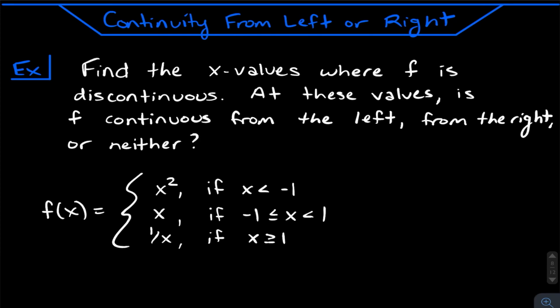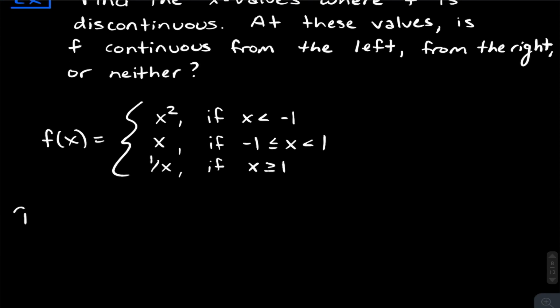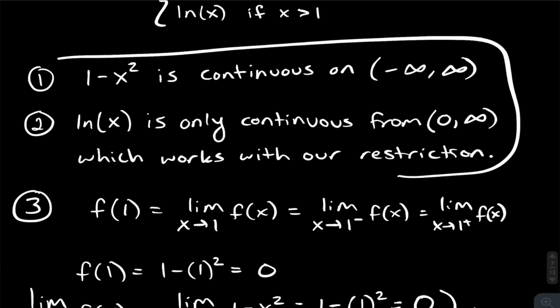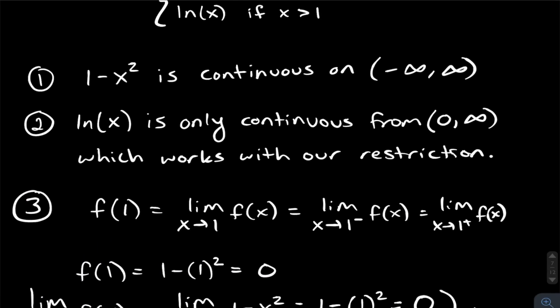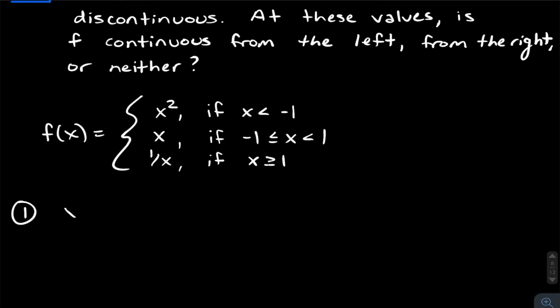So first off, let's identify where we have x values that give a discontinuous function, right? Well, let's think. The first thing I want to do is exactly what we did last time. We talked about our functions in general and where they were continuous. We have 3 functions here, not 2, but we already know that x squared and x are continuous from negative infinity to infinity.